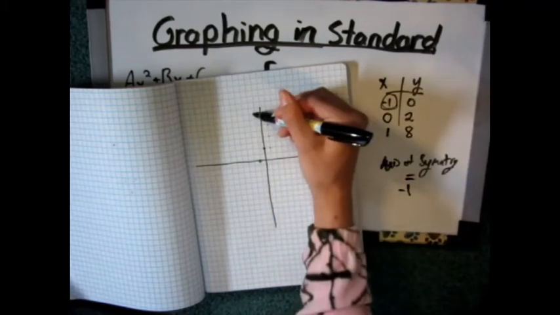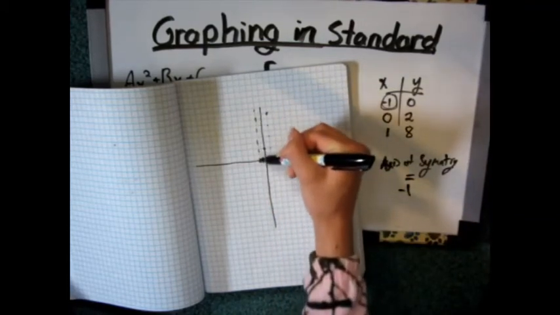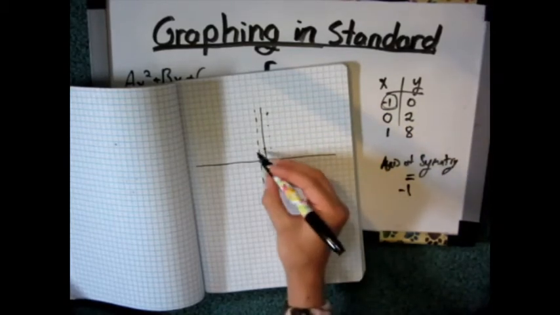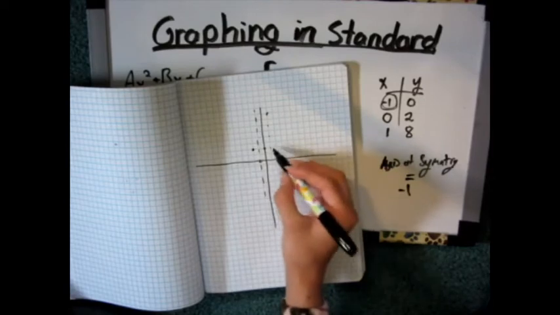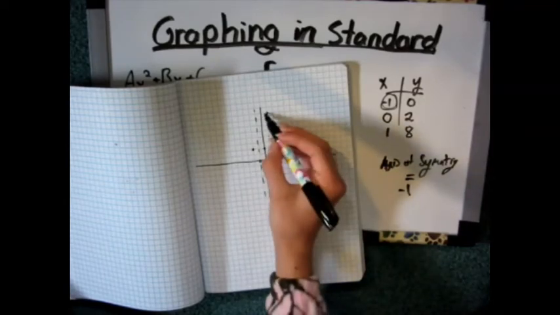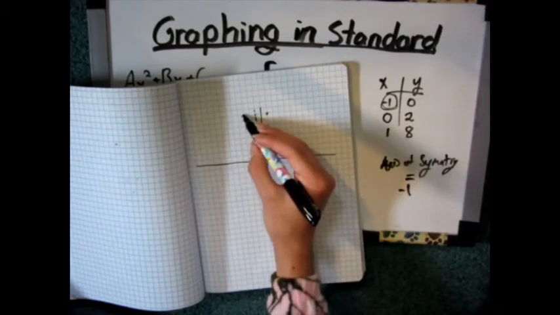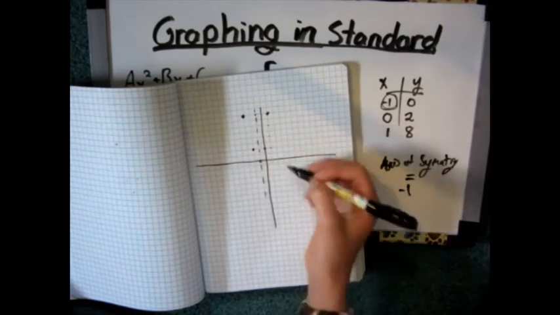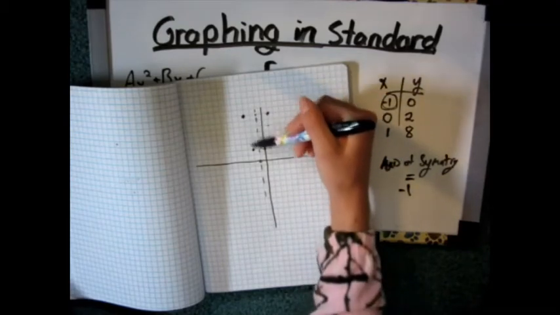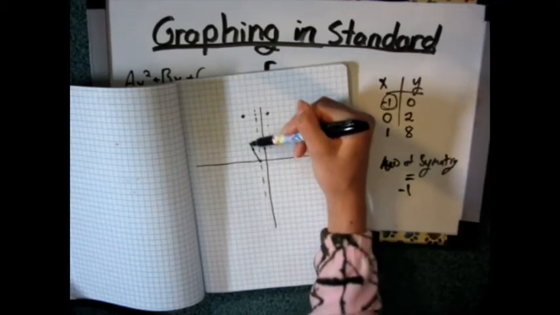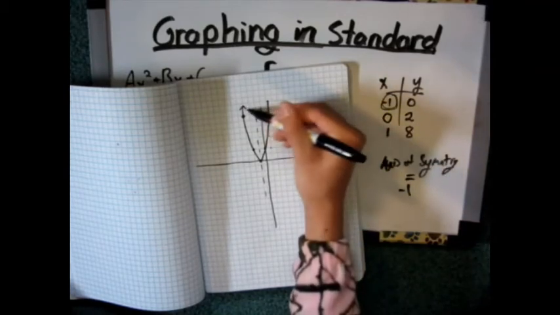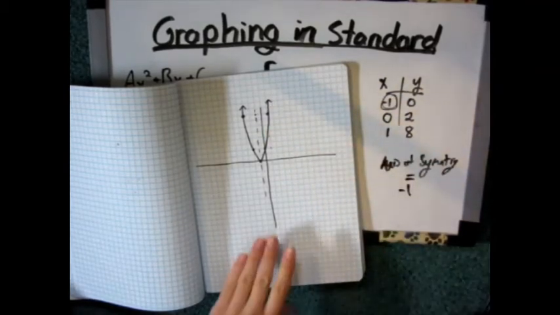So that just means that all those points you plotted over there can be reflected over this line here, over to this side. And that will give you your U shape for the equation. And then you can just connect your dots, and you have a graphed equation.